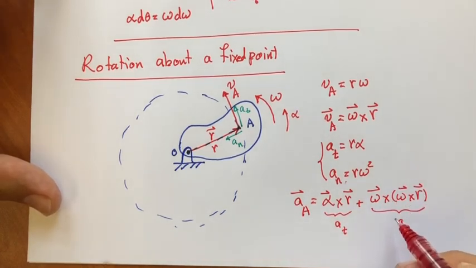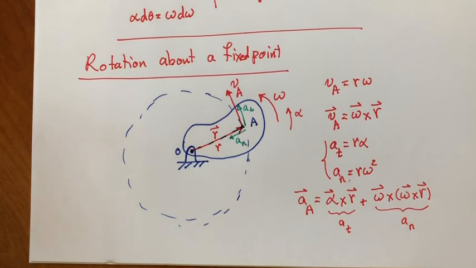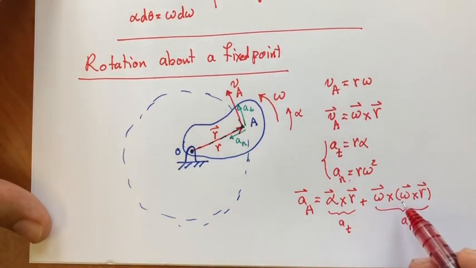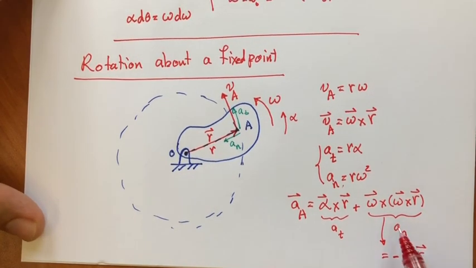This part of the acceleration, which has two cross products, and usually computation is a little bit expensive to do, but mathematically we can show that omega cross omega cross r in plane is equal to negative omega squared times vector r. So omega squared is just a scalar, the magnitude of omega squared, times the vector r.